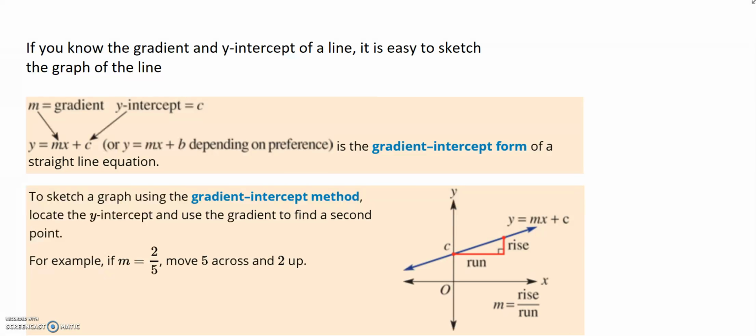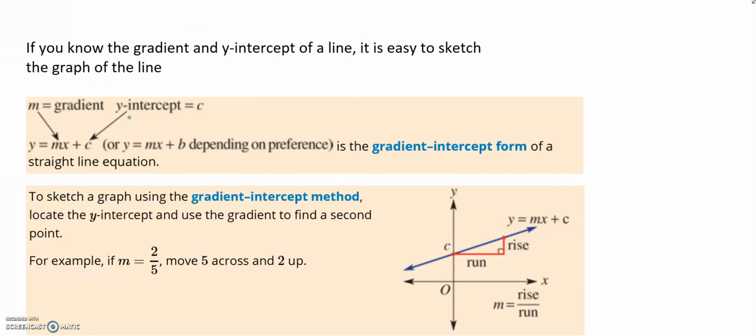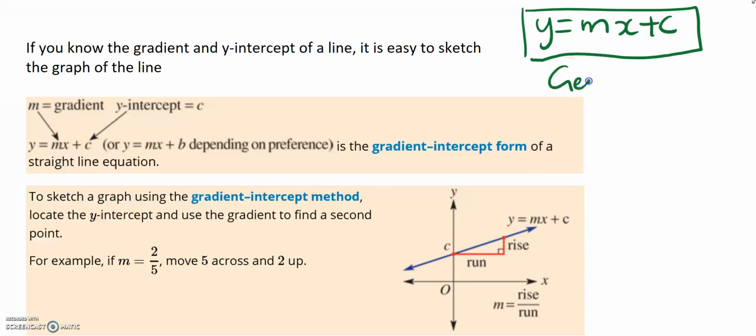Now, as we know, every function that we have is described by a certain equation. For a straight line, the equation y = mx + c is the general form of the equation of a line. And each of these letters represents something.